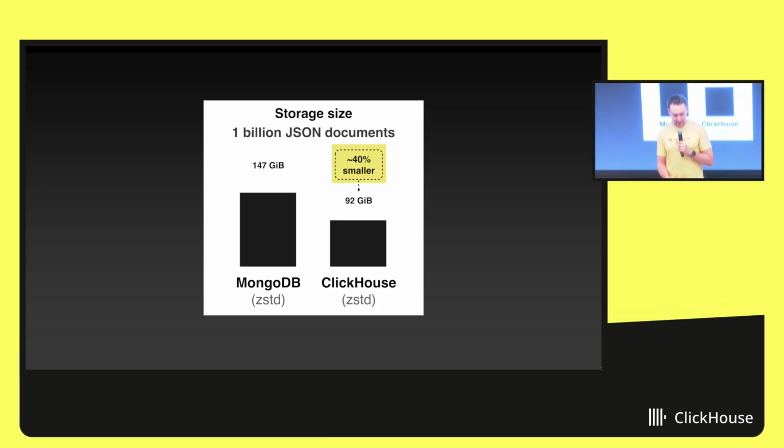Okay, and you might guess why ClickHouse is more storage efficient. Because it will not compress the whole JSON, but it will deconstruct the JSON and compress it by components.